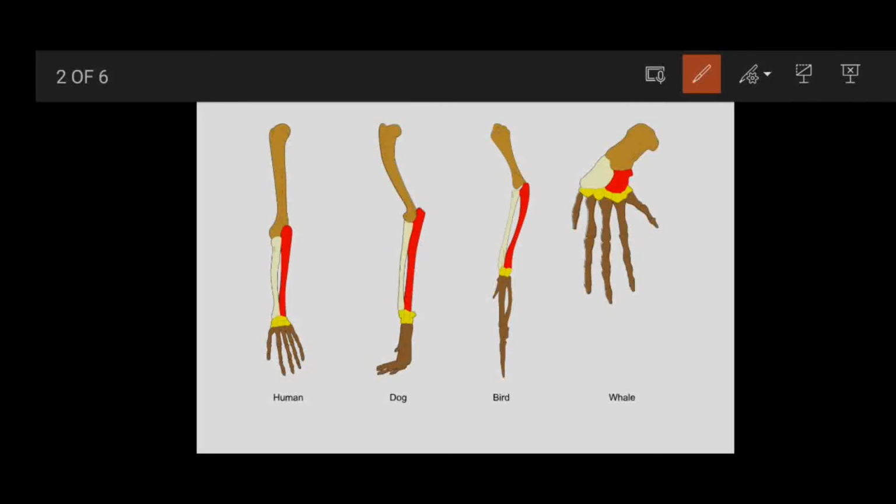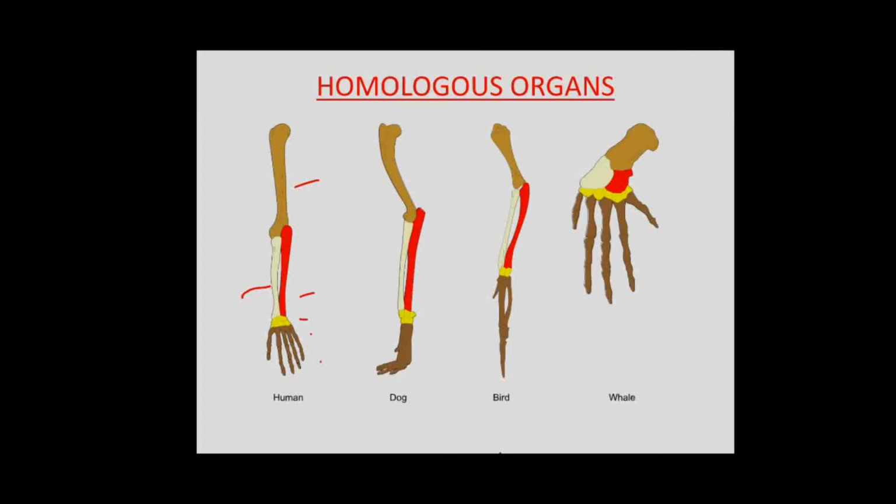In all these cases, in the first segment we can see a single humerus bone, then a radius and ulna, two bones, then carpals and metacarpals, then phalanges. These basic similarities in the arrangement of internal structures of unrelated vertebrates indicate that they originated from a common ancestor. Due to their different environments, they have different functions.